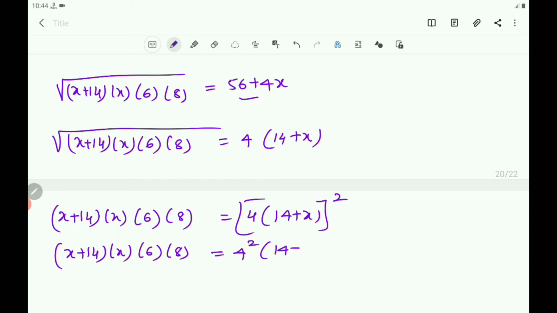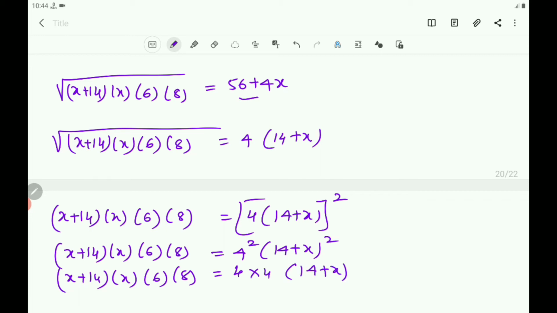into 14 plus x. Then it becomes x plus 14 into x into 6 into 8 equals 16 into, or you write 4 into 4 only, write the factors, 4 into 4 into 14 plus x, the square.